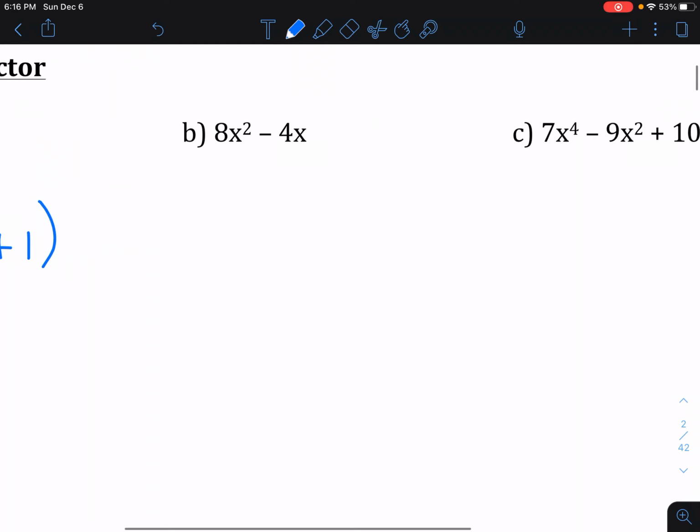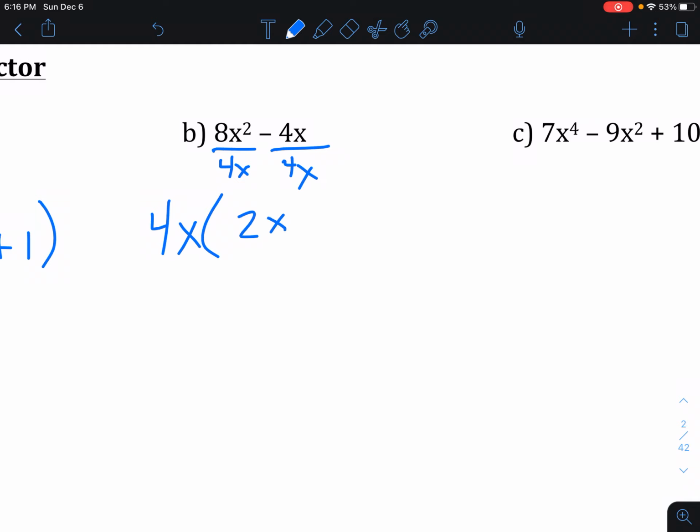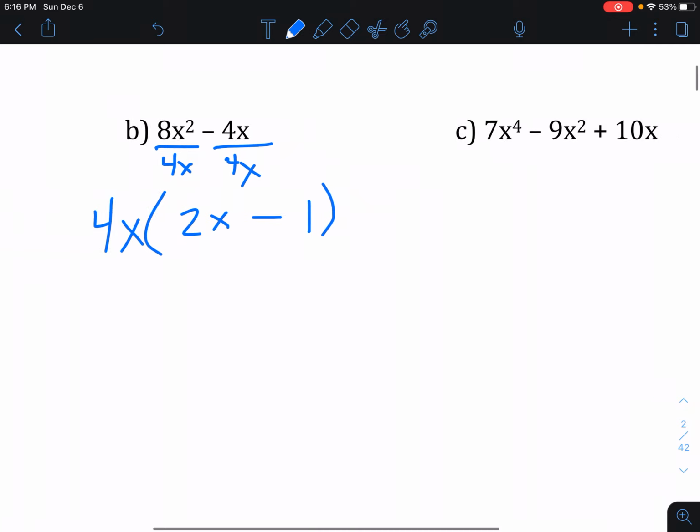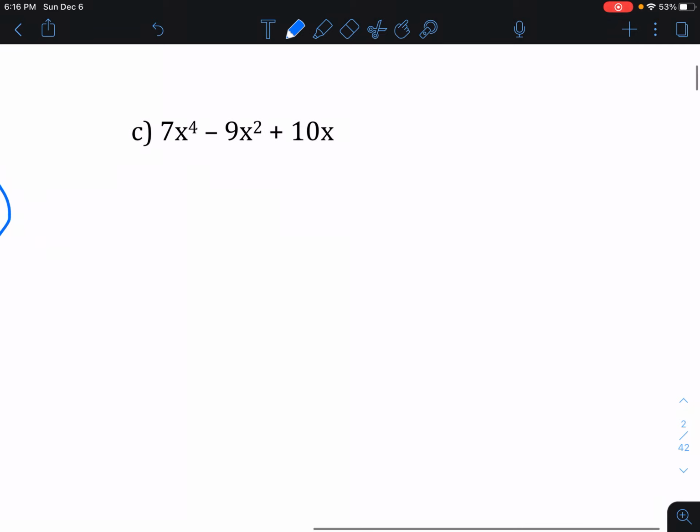Next, try this on your own. Okay, so the GCF should be 4 and x, and then divide by 4x. First term divides to have 2 and x to the first. Carry down the minus and 1. GCF of the second group, there is nothing other than 1 that goes into 7, 9, and 10.